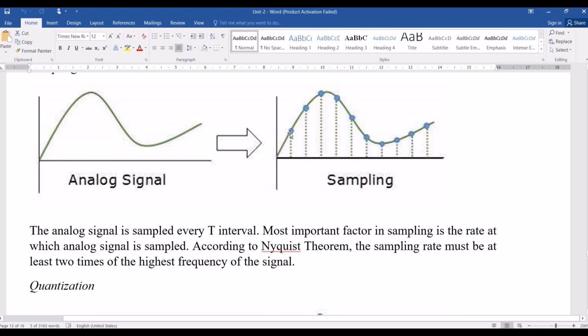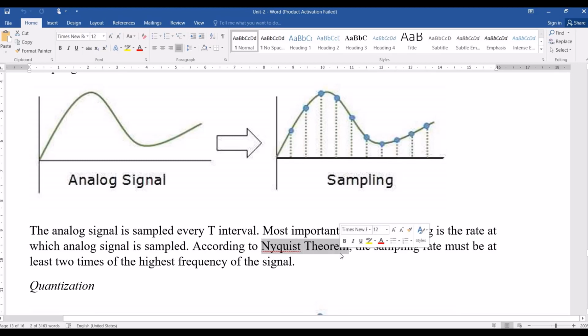And if you take very few samples, one here, another here, and another here, then in between there is a lot of loss of signal. So how many samples we take is decided by the Nyquist theorem.